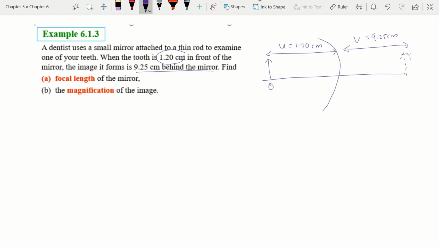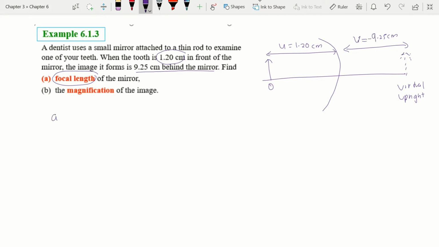When your image is formed behind the mirror, it means it is a virtual and upright image. Find the focal length of the mirror. So your v, your image distance, is behind the mirror, so your image distance is negative 9.25 centimeter.